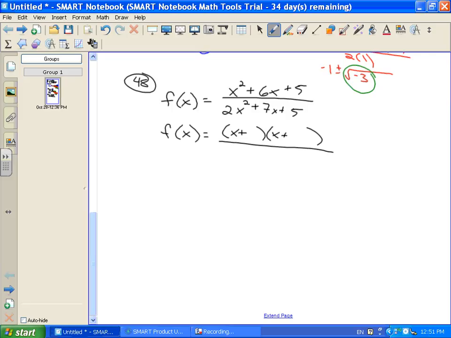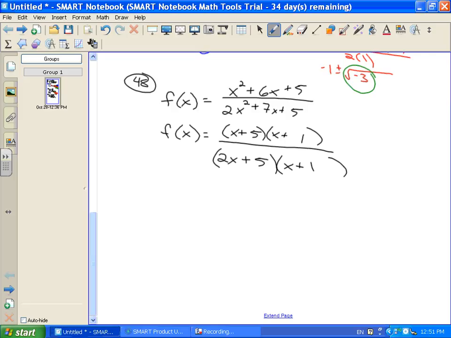Does that add to get 6? 5 and 1. All right, and now the one down here, what do you multiply together to get 2x squared? Well, this one has a coefficient, so this would be 2x. Plus, plus. Then multiply together to get 5. We just did that one. 5 and 1. Let's see if that works.